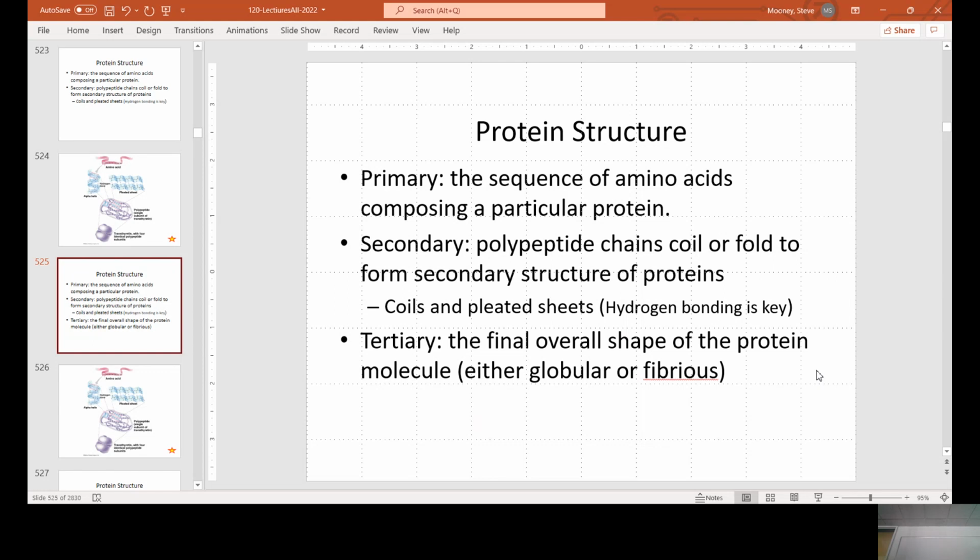Are they long sheets? Are they things that are strung out, flat, or stringy? So that's just one chain of protein, how it folds on itself, how it comes together, gives it that tertiary shape.